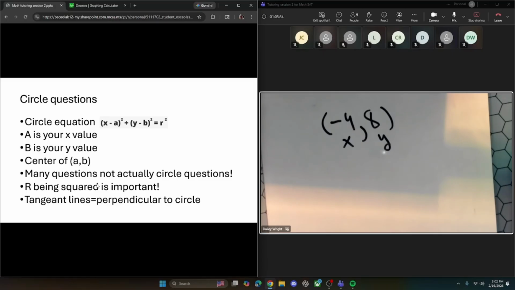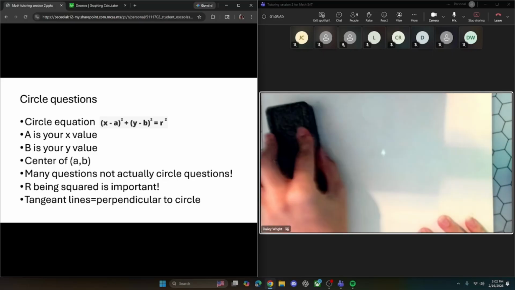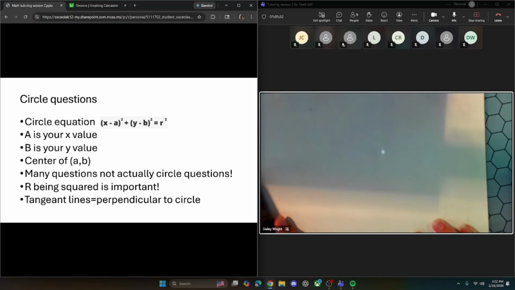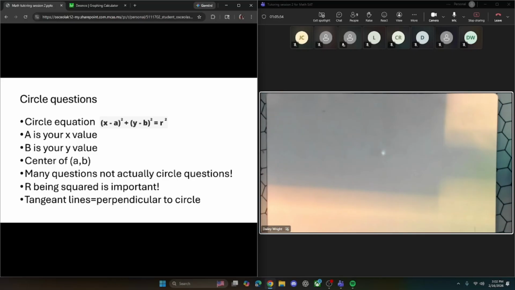Like I said earlier, many of these questions are not circle questions. It is not as scary as people think. I would master triangle questions before I mastered circle questions on the SAT, because for many of the circle questions you don't need to use anything from the circle formula at all. And r being squared is important.